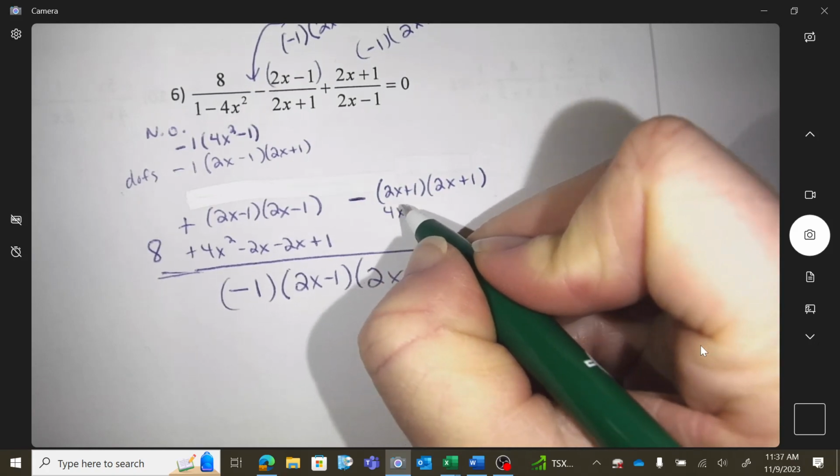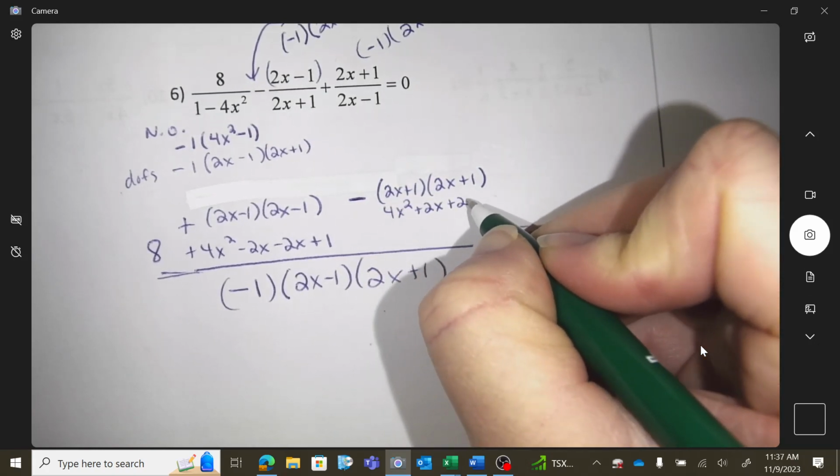So this is 4x squared plus 2x plus 2x plus 1.